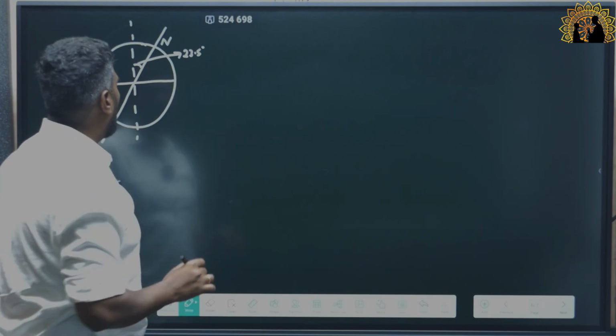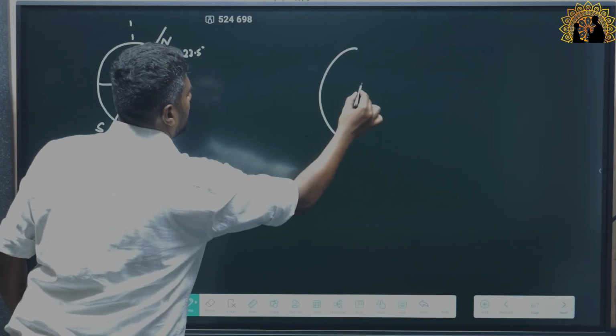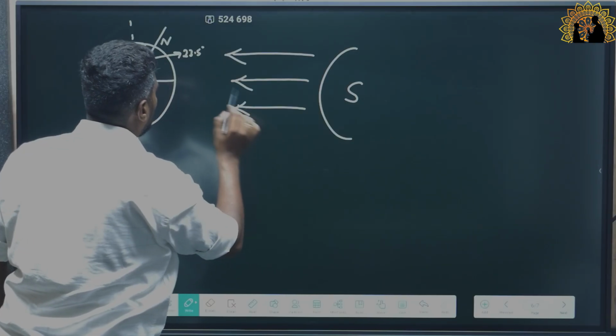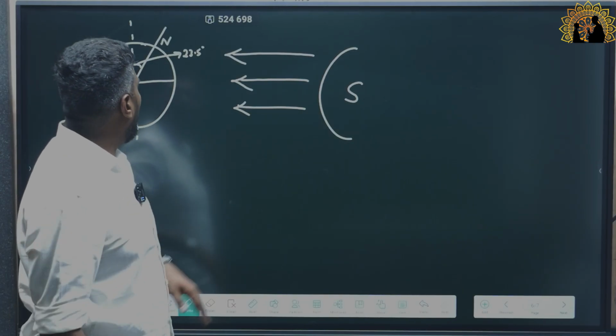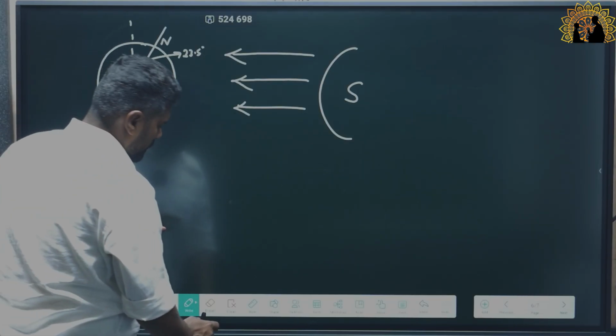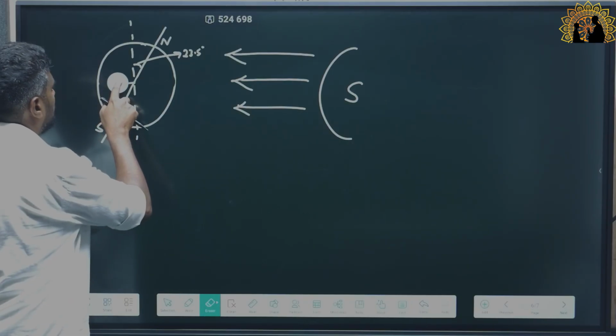Now, since it is tilted, sunlight comes and falls on the Earth differently.